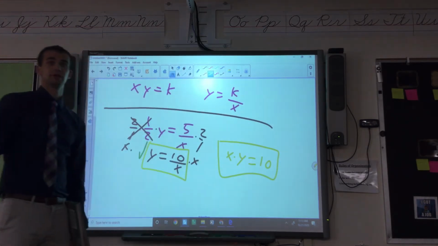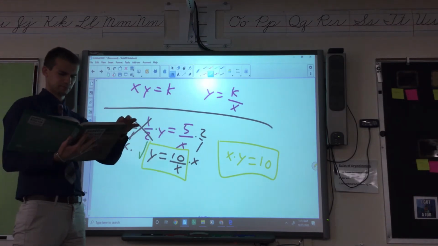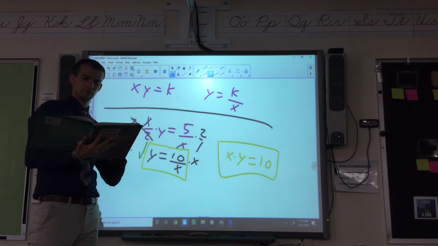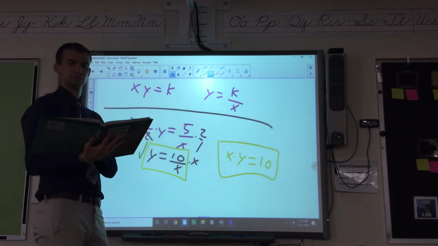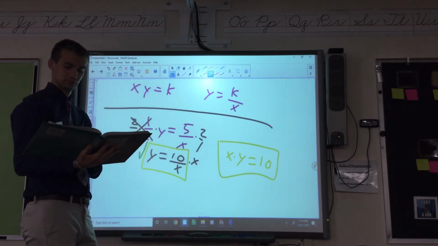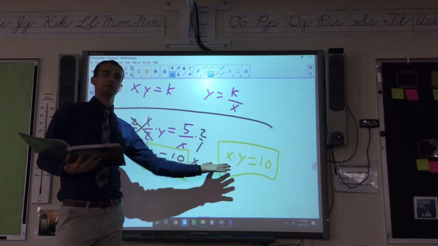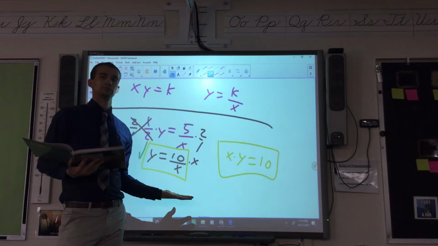What's your constant of proportionality, or your constant of inverse proportionality? What's your constant for this one? 10. And which one of these is better for understanding what my constant is?